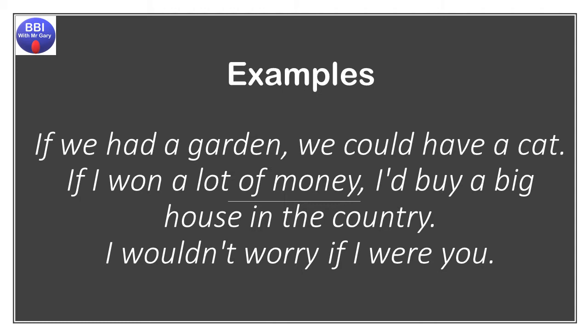I wouldn't worry if I were you. All of these sentences are stating unrealistic possibilities, all three of which are true for me. I don't have a garden, I don't have a lot of money, and I don't worry. And I'm not going to be you now, am I?